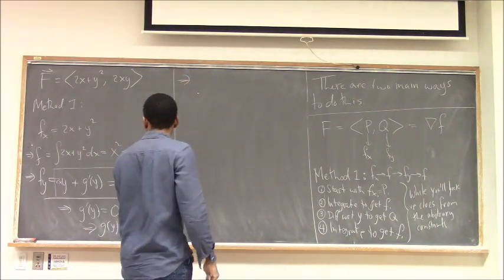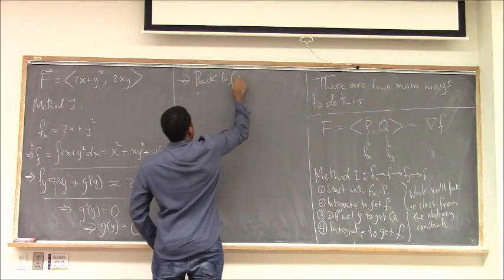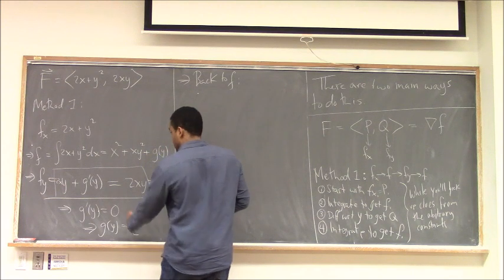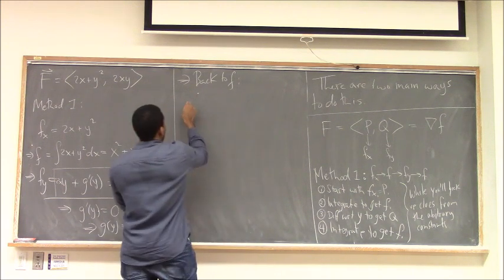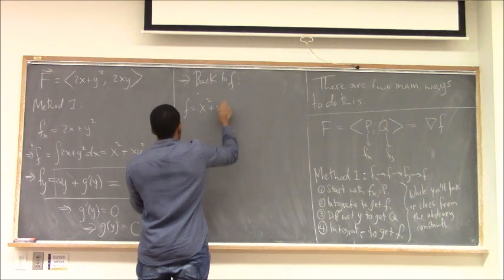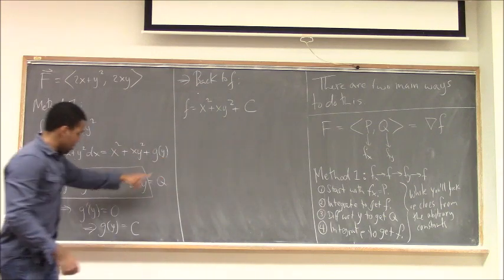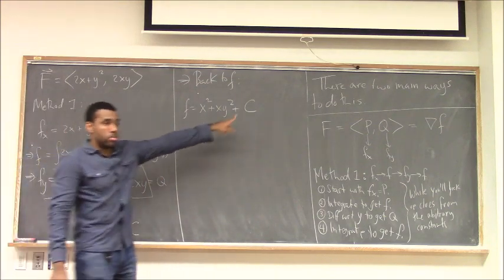Which means I can go back to f and plug that in. So now I know that my f was actually equal to x squared plus xy squared plus some constant, because that g ended up being a constant, so I plug it back in.